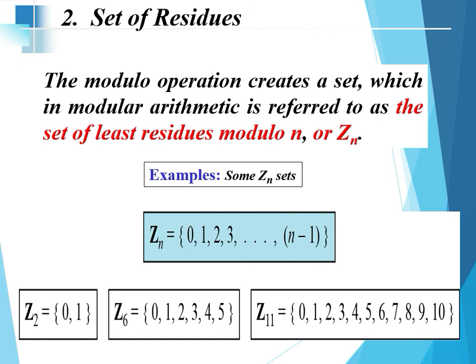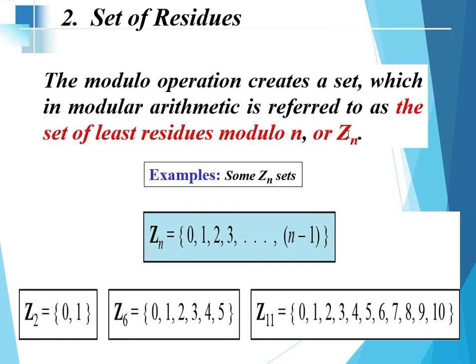The modular operation creates a set, which in modular arithmetic is referred to as the set of least residues modulo n, or Zn.